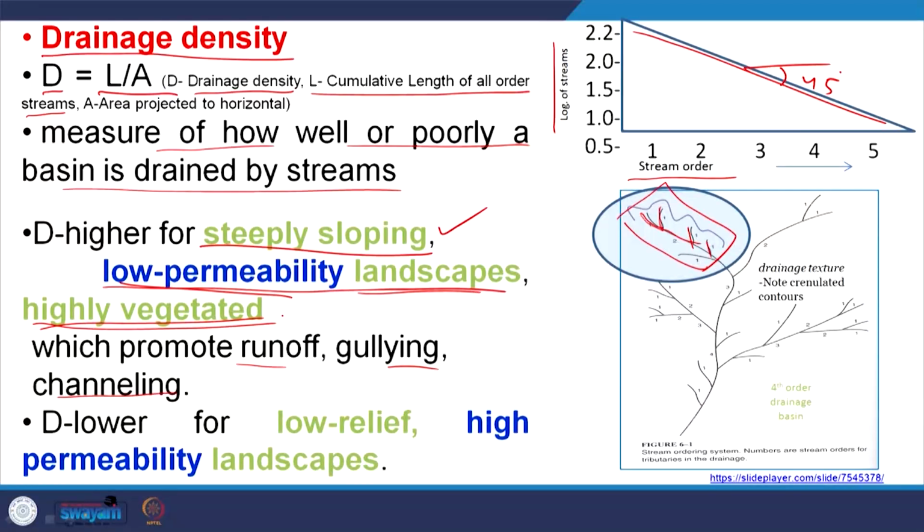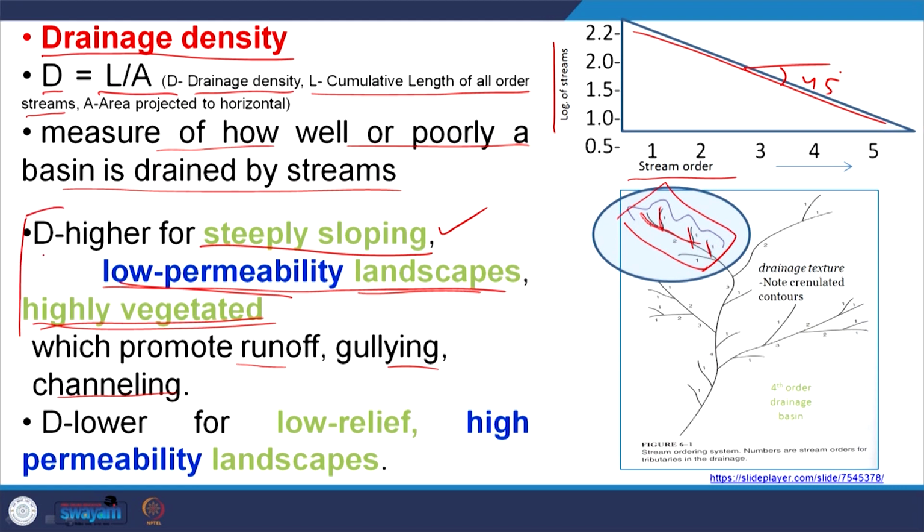Less percolation downward means all this water will follow the surface channels, so the number of surface channels will be more. So, this is an indirect indicator of lithology and slope. Also, highly vegetated landscapes promote runoff, gullying and channeling. So, this is the interpretation.